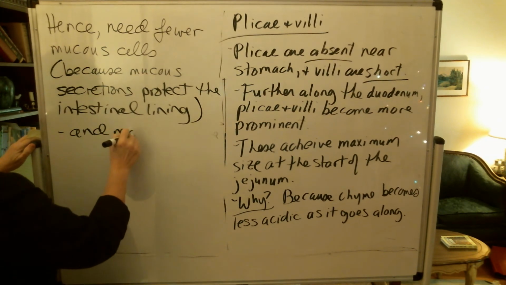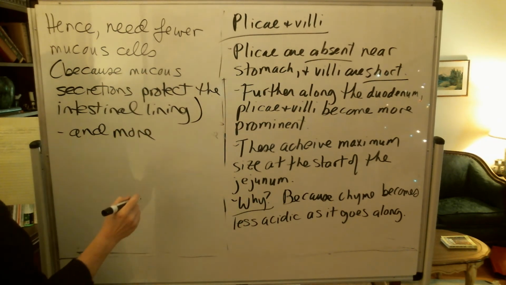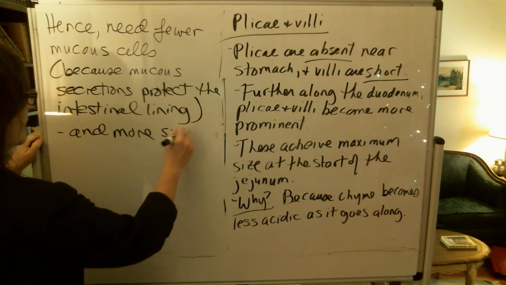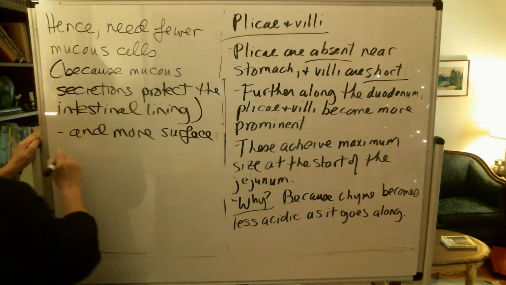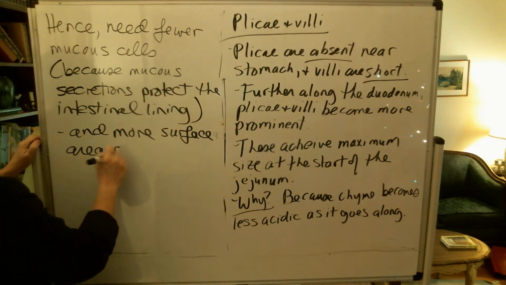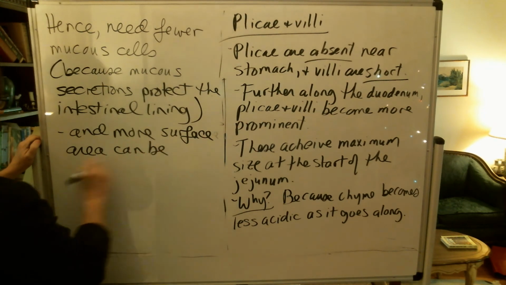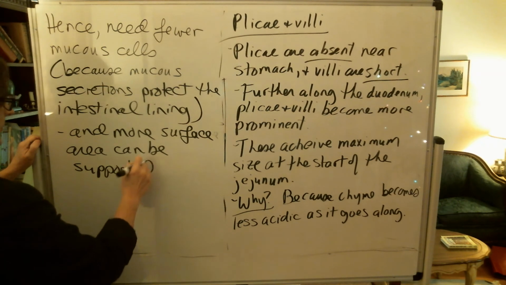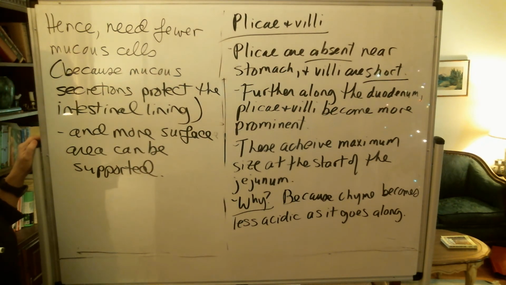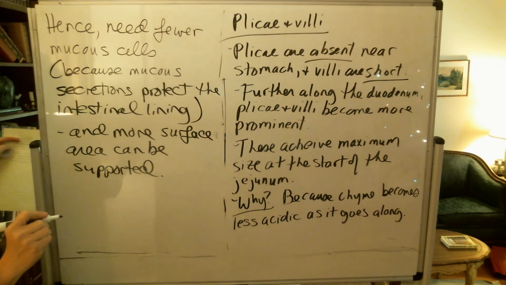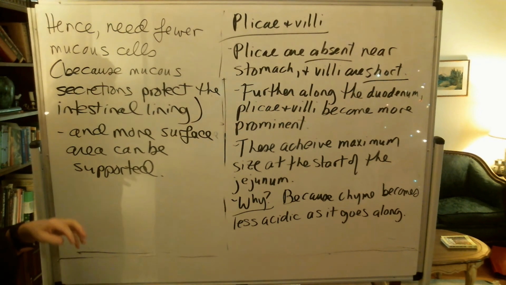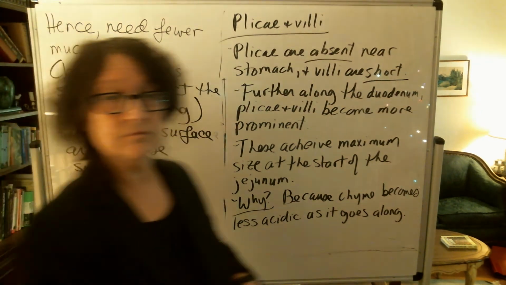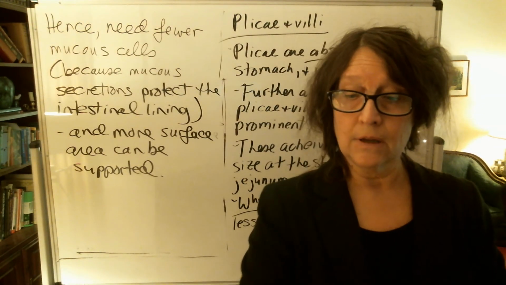And as a result, more surface area can be supported. And then on top of that, this is also where you really need more surface area for absorption. So that then is our lecture on the small intestine.